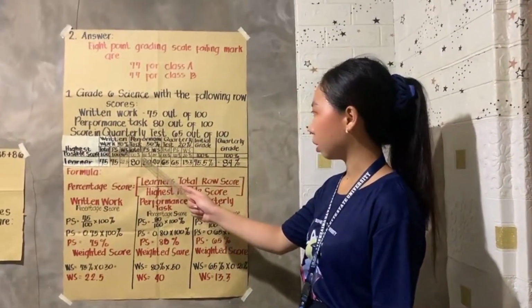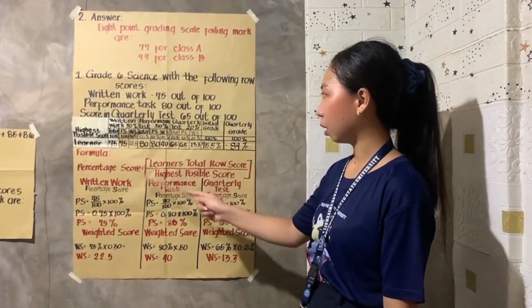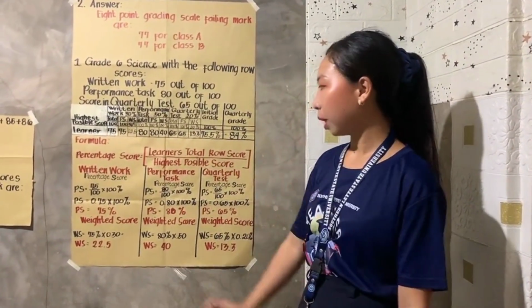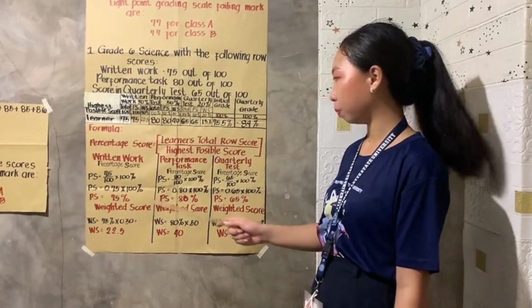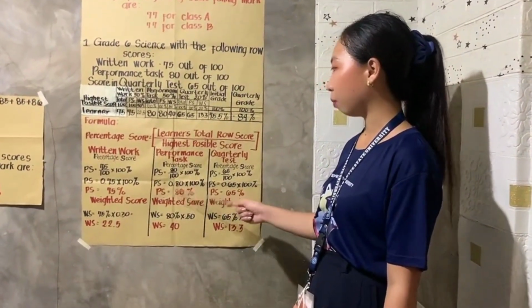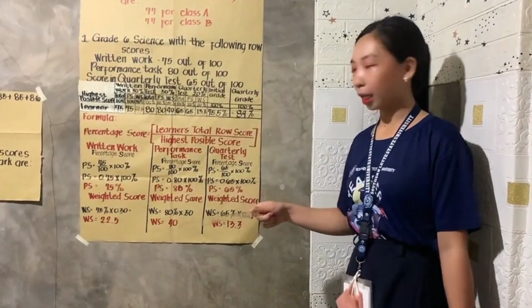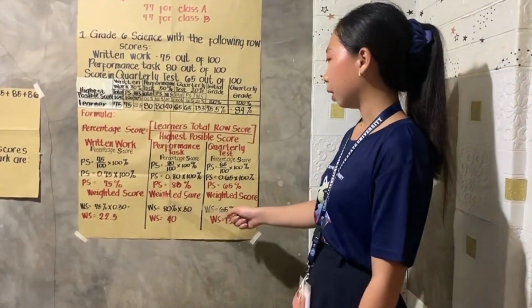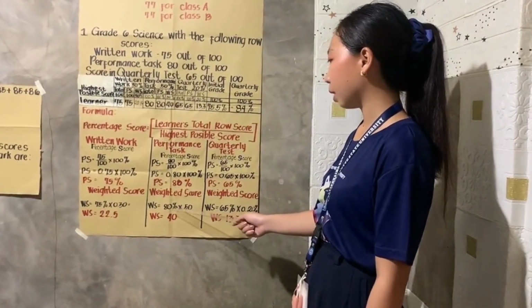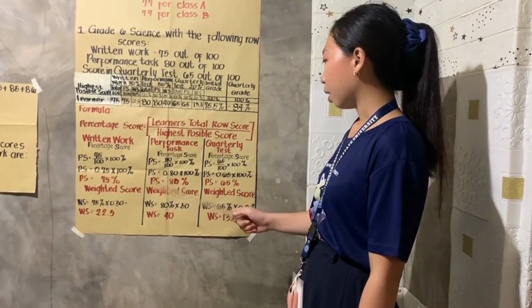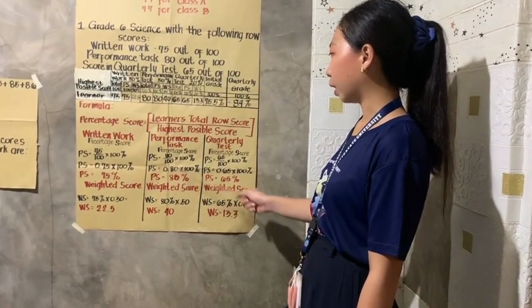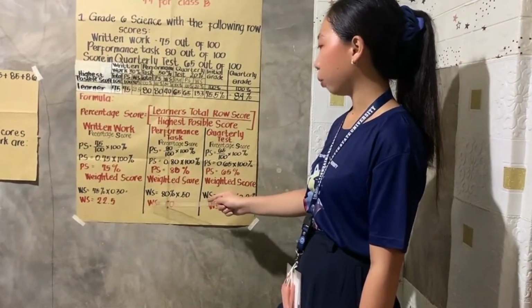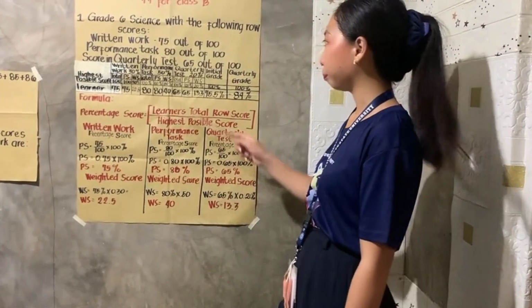So 80 divided by 100 would be 0.80 multiplied by 100, that is 80%. So the weighted score is 80% times 0.50, and that is the performance task. So that would be a weighted score of 80.